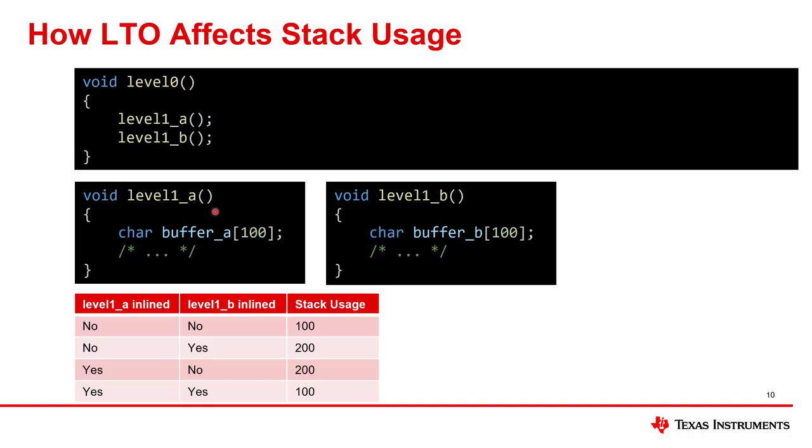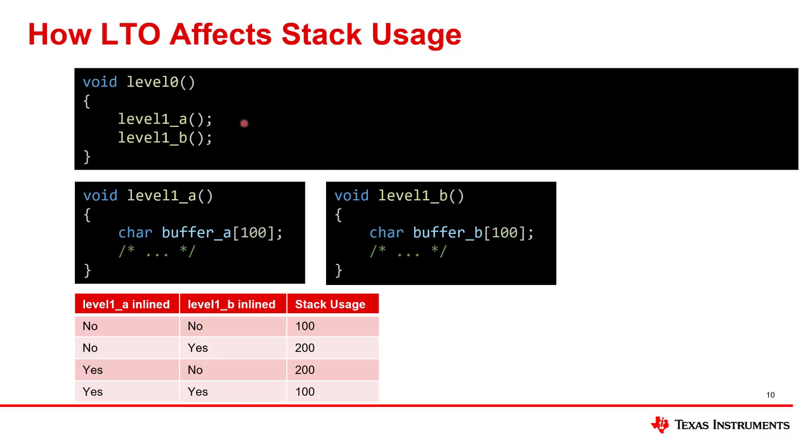But let's consider the case where level 1A is not inlined, but level 1B is inlined. In that case, the stack usage is 200, because what happens? Well, level 1A is called, and its 100 bytes of stack happen in its function. Level 1B is inline.